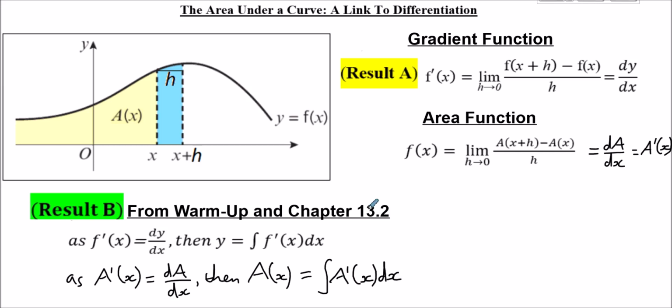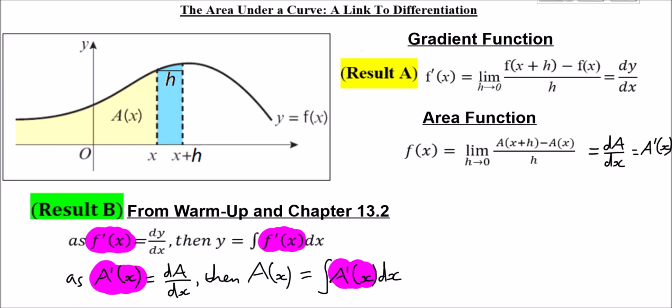So all I've done here is just linked f dashed of x and replaced, in a sense, the f dashed with A dashed. It's exactly the same idea, but instead of using f dashed in our limit, we've now got A dashed. And so A of x must be the integral of A dashed of x dx.